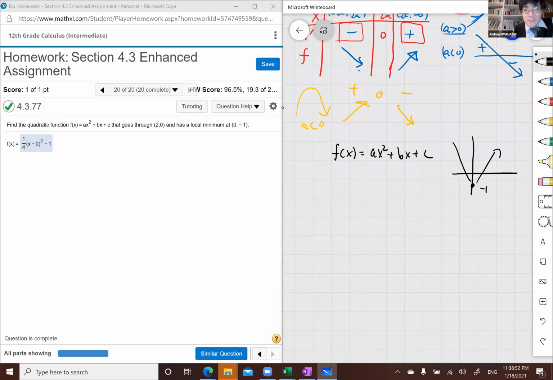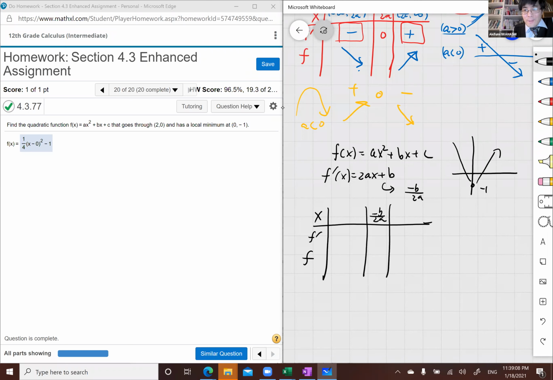So let's differentiate this. The critical point is negative b over 2a, and at that point the derivative is 0.